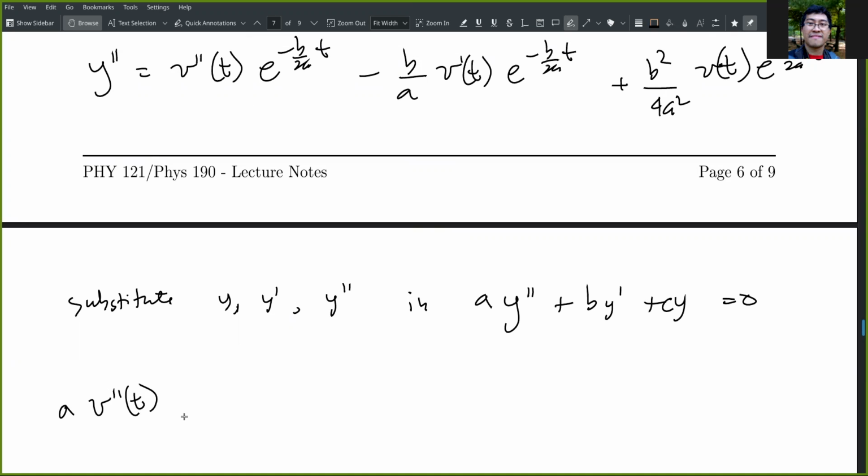A times this, you have minus b v prime t. A times this, you have b squared over 4a v(t).